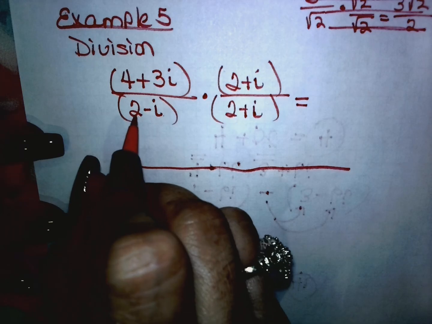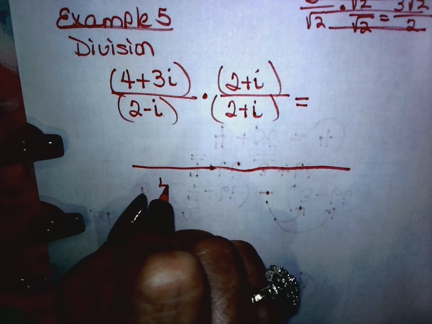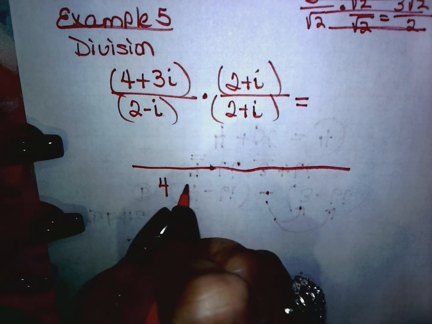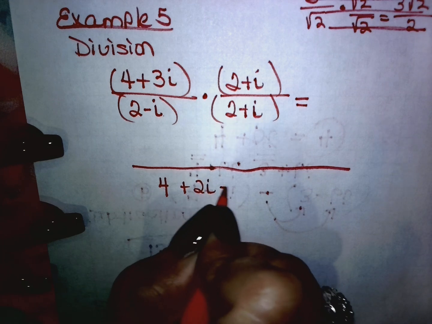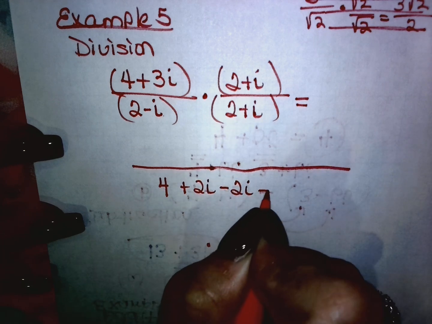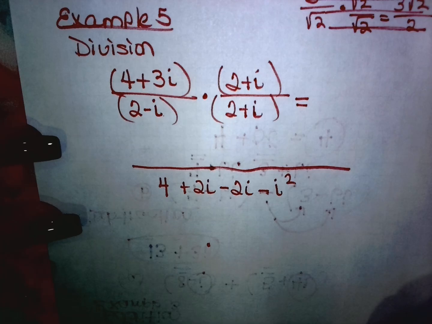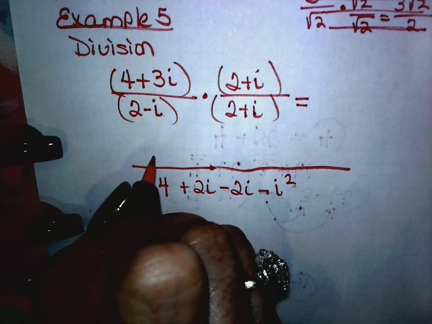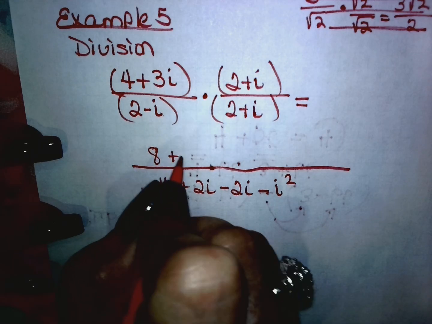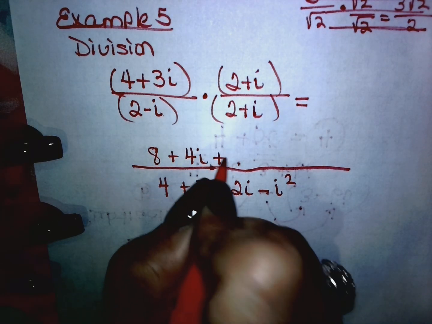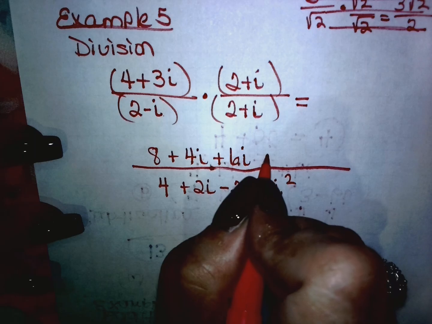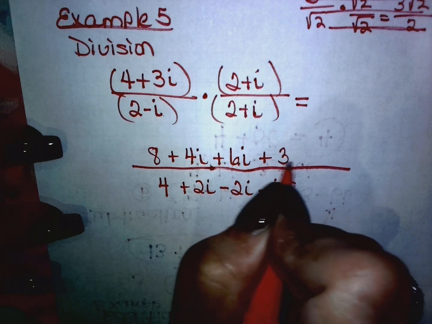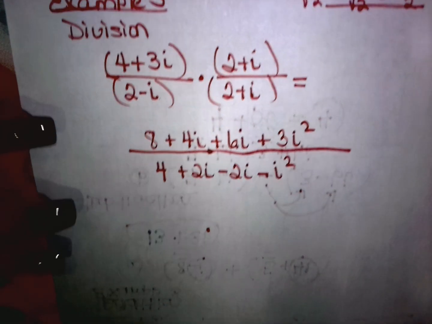So in the denominator, you're going to have 2 times 2, which is 4. Again, the outer is plus 2i, inner minus 2i, and then minus i squared. The numerator, we're going to FOIL also. We're going to get 8 plus 4i plus 6i plus 3i squared.